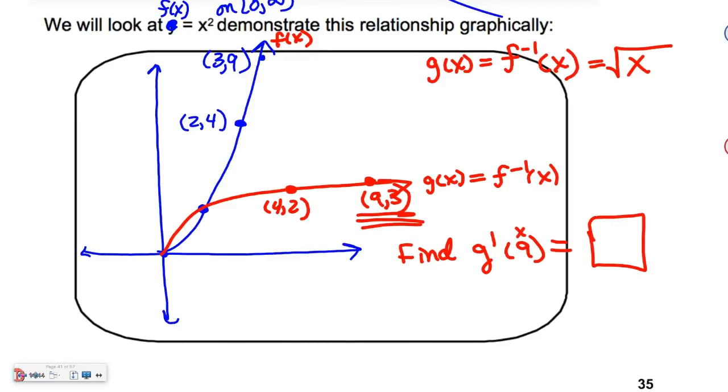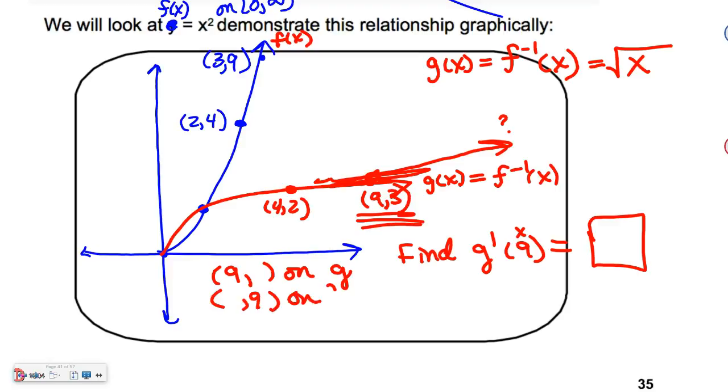This is an x value on G. I am looking for the derivative there. So let's draw the slope of the tangent line. I'm looking for that. All right, so here's the process. 9 comma something is on G. That will be your first step. Then you're going to say, well, that means something comma 9 is on F. And you can see it because I graphed it, but you won't have a graph and you won't be able to see it. But who's my something?